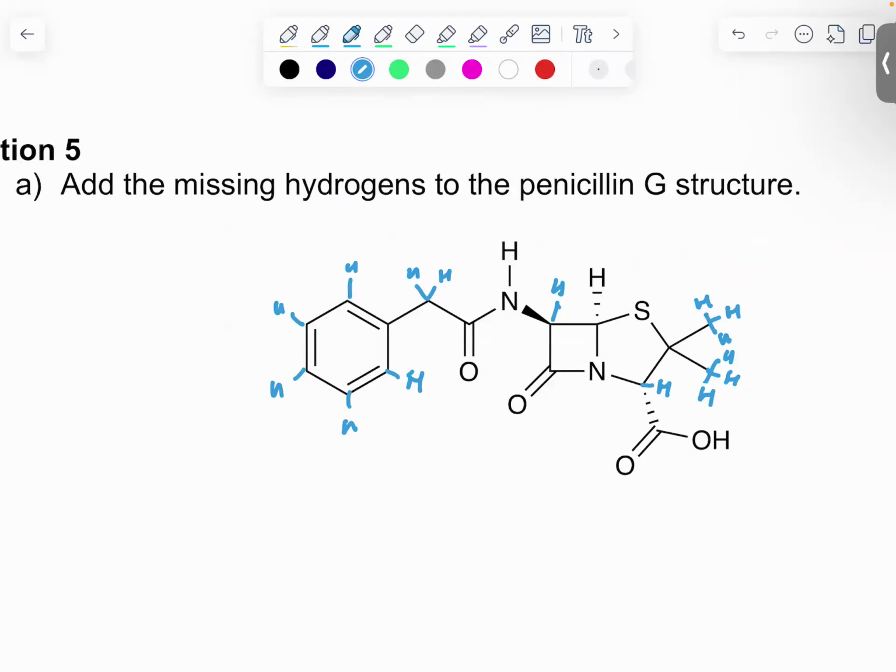This one is pretty straightforward, and if you struggle with it, I would review it because there will be a very similar question on the exam.